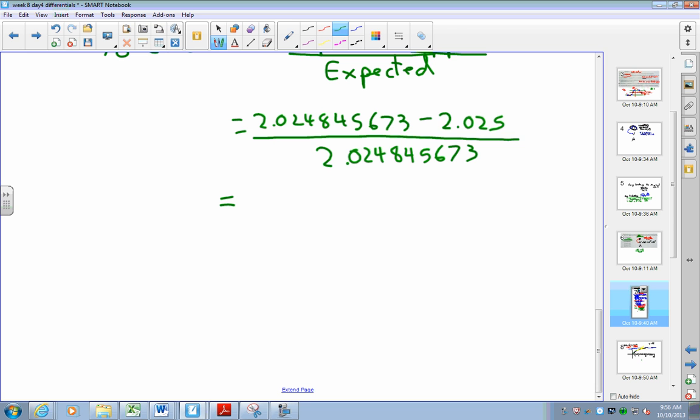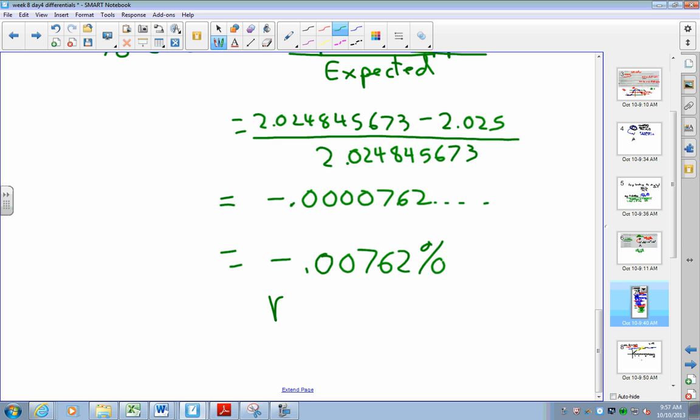Give it to me as a decimal first, please. Okay, which is negative 0.00762%. Really darn close. Do you see how the decimal is not the percent yet?